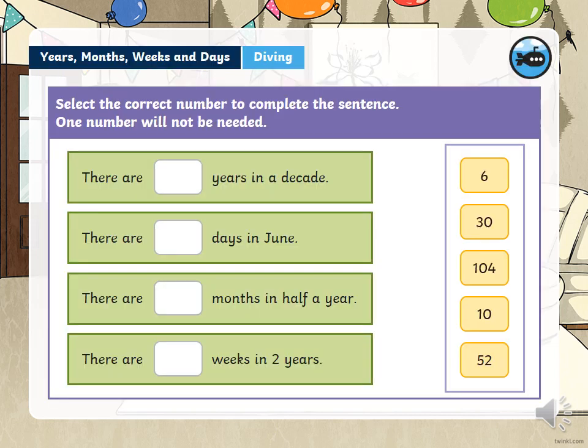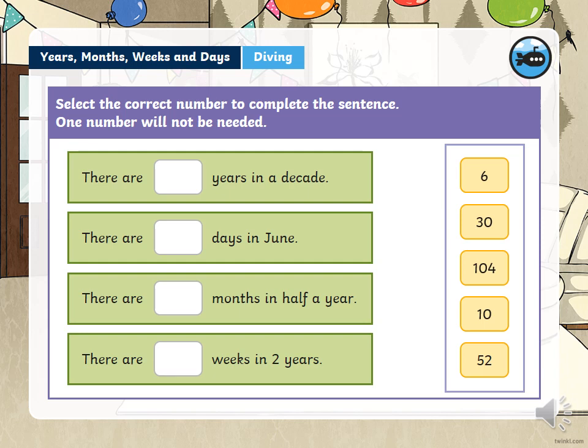Okay, so let's have a look at this starter now. Select the correct number to complete the sentence. One number will not be needed. There are something years in a decade. You've got your numbers to the right hand side. There are something days in June. There are something months in half a year. And there are something weeks in 2 years.